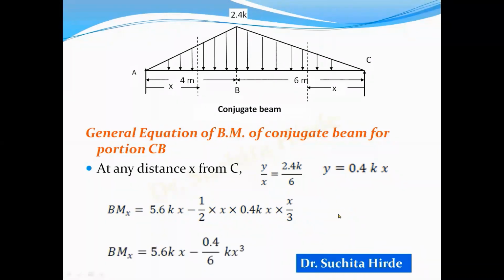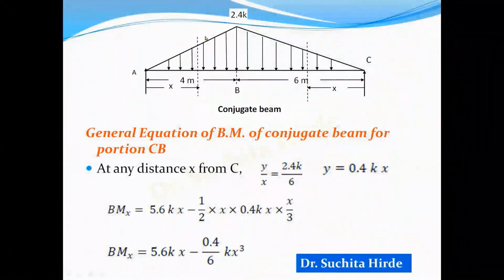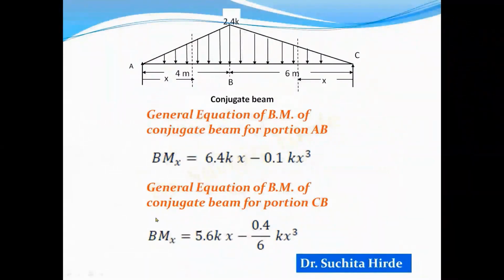If you simplify this equation, you will get like this. So what we did? We have derived the general equation of bending moment for portion AB and for portion CB. So these are two equations which we have derived. This is the first equation for AB and this is the second equation for CB.